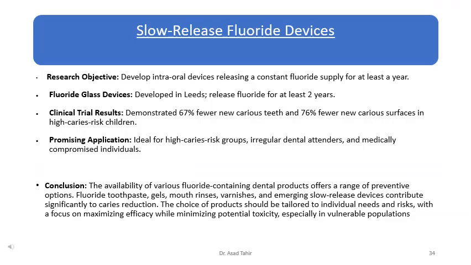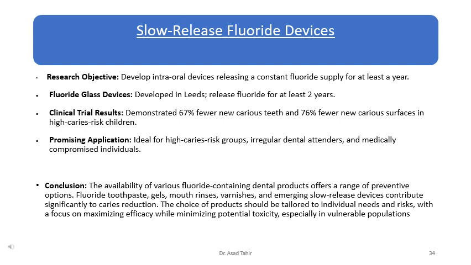Slow-release fluoride devices. Research objective: scientists aim to create devices inside the mouth that release fluoride steadily for at least a year. Fluoride glass devices, developed in Leeds, release fluoride for over 2 years. Clinical trial results: studies showed a 67% reduction in new cavities and a 76% reduction in new cavity spots in children at high risk of cavities.